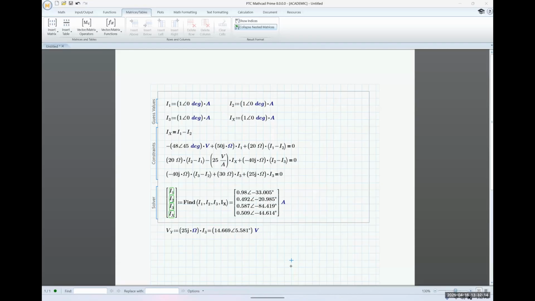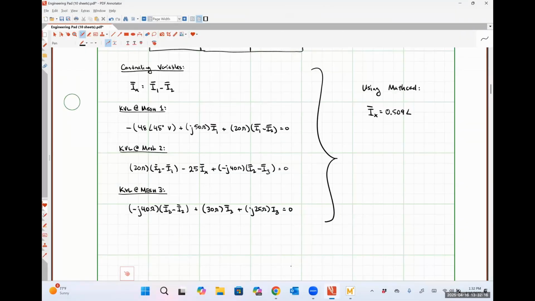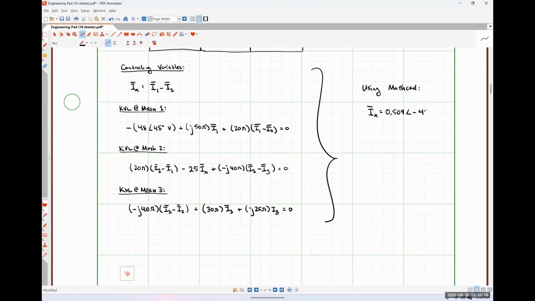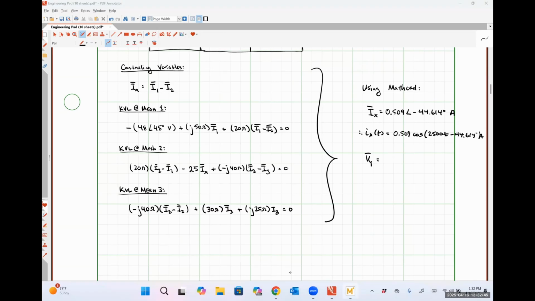Negative 44.614. And so Ix of t is 0.509 cosine 2500 t minus 44.614 degrees amps.